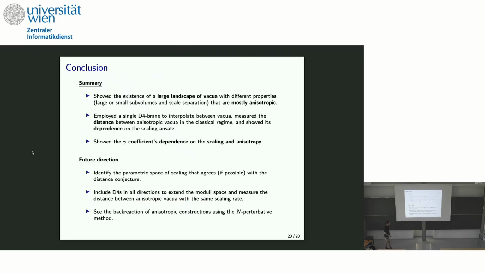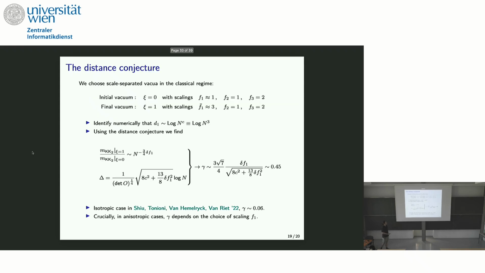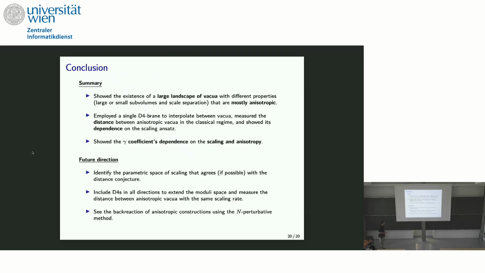Some future direction would be to see if we can find some anisotropic regions where the gamma parameter is order 1, or what is predicted by the distance conjectures, or to include D4s also in the rest of the directions which are transverse to the two F4 fluxes.